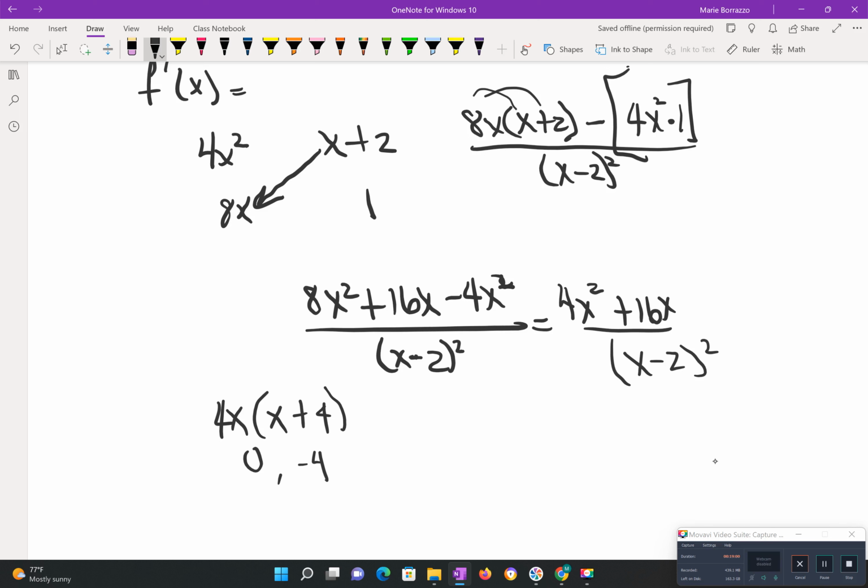They're asking us where the line is horizontal. And technically that has to be x is 0 and x is negative 4. They just want the values of x. We're done.